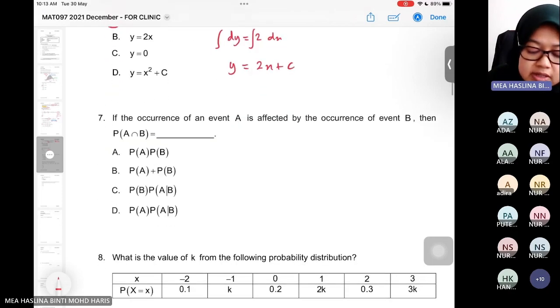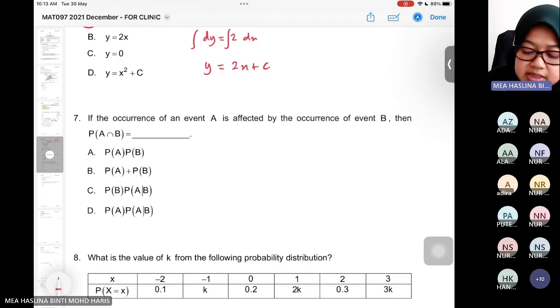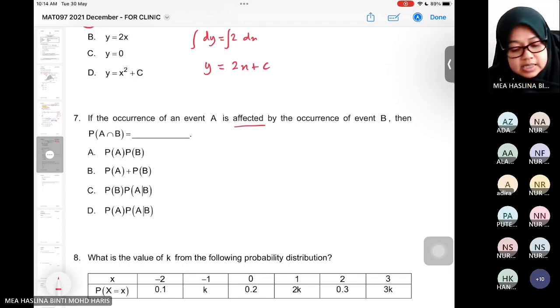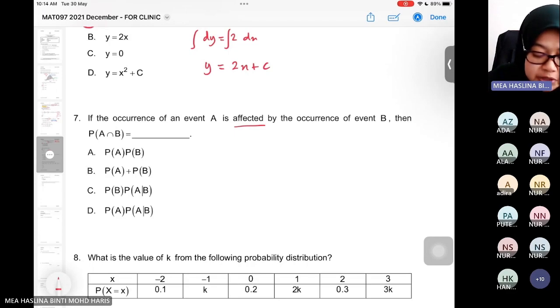Okay. Number 7, if the occurrence of an event A is affected by the occurrence of event B, then the probability of A intersect B. Affected means dependent. So if dependent, then the probability of the intersection will be a product.